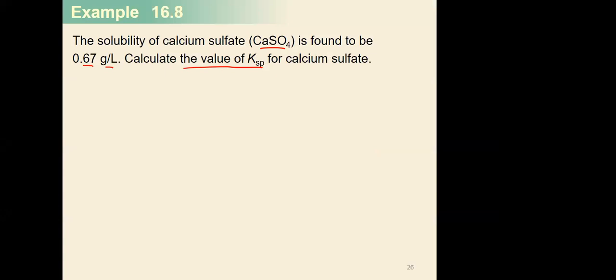So what do we need to do here? We need to calculate the molar mass of the calcium sulfate. We can calculate it, but since this is an equilibrium problem, we always put the equation. So this is a solid, and then it will produce calcium 2+, which is aqueous, and sulfate ion.